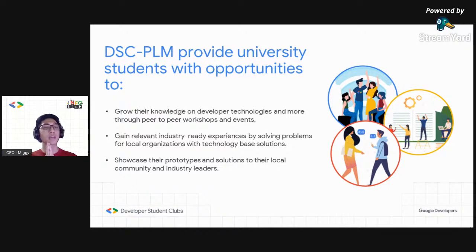So we're not segregating that fact from the DSC. That is why here in DSC, we grow your knowledge, that theory, by using various existing developer technologies that Google could provide for us. And the learning style that we have here in DSC is not the traditional one, na merong speaker and merong listener.